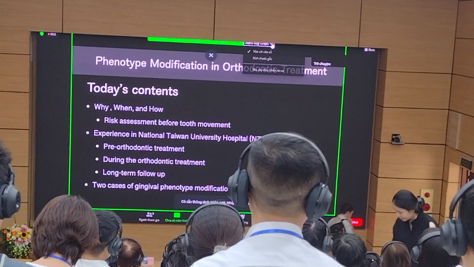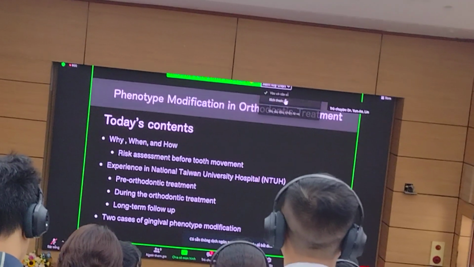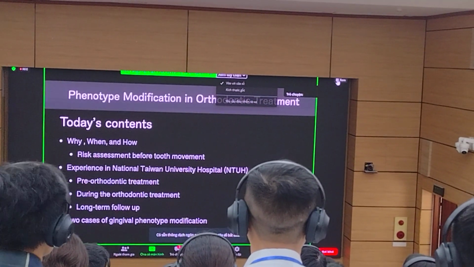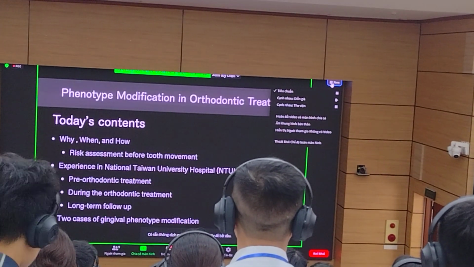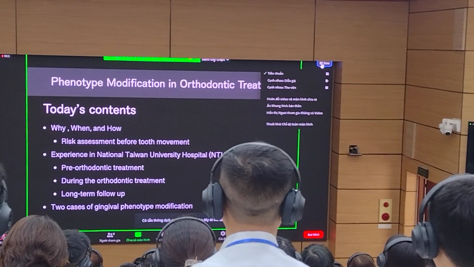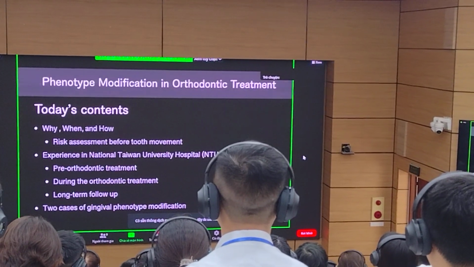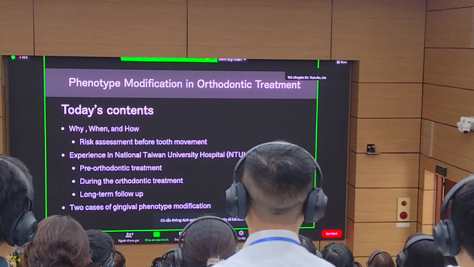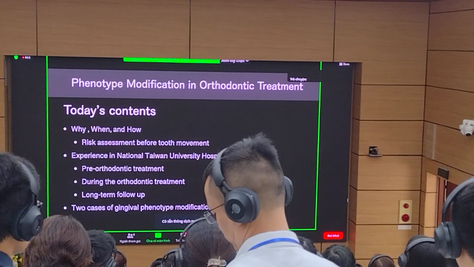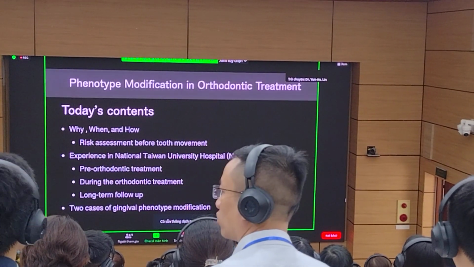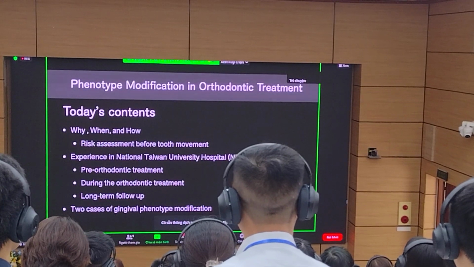Include the pre-orthodontic evaluation, the consideration during the orthodontic treatment, and the importance of long-term follow-up after the treatment. At last, I will share my two cases of gingival phenotype modification before the orthodontic treatment.